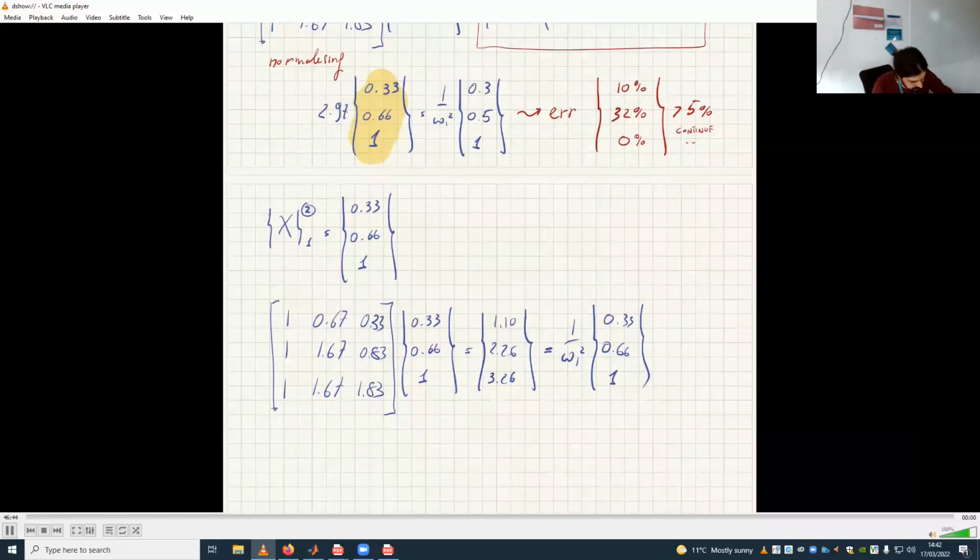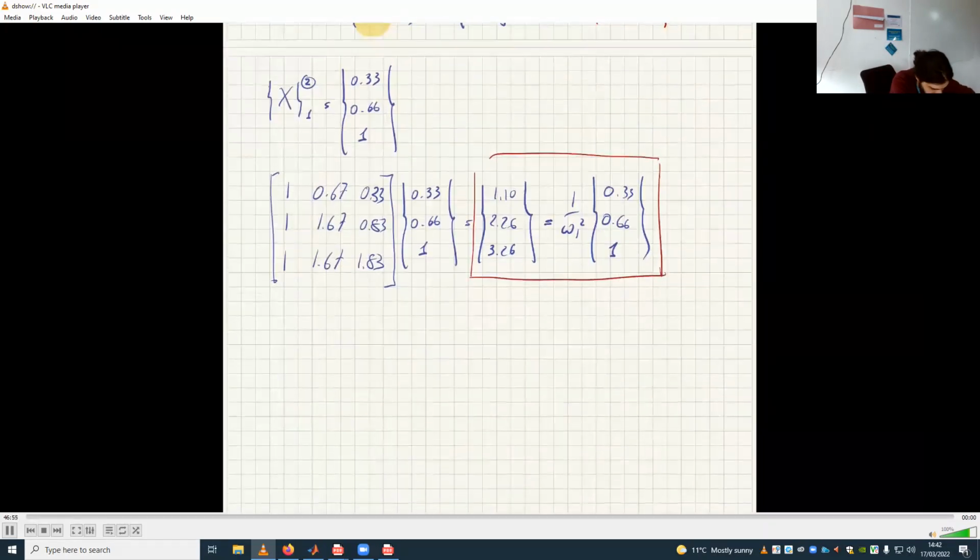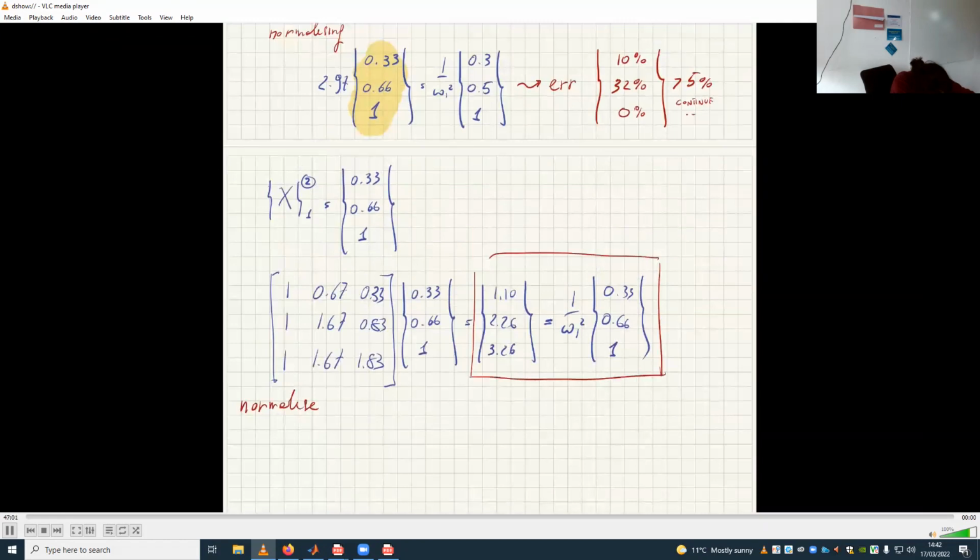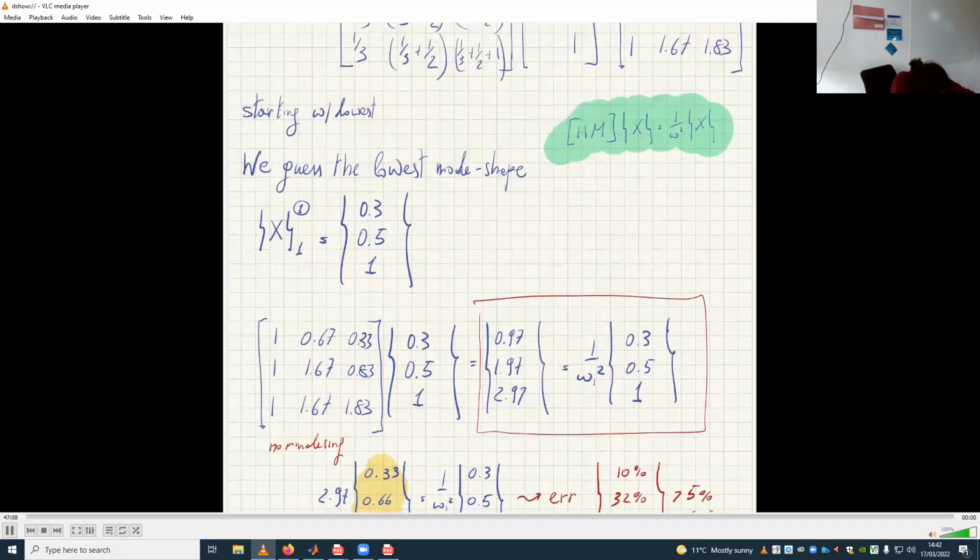Now I look at this, and I ask myself how much the left-hand side looks like the right-hand side. So let me normalize. This is iteration 2. This is iteration 1.